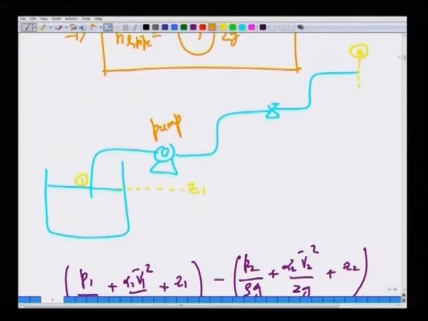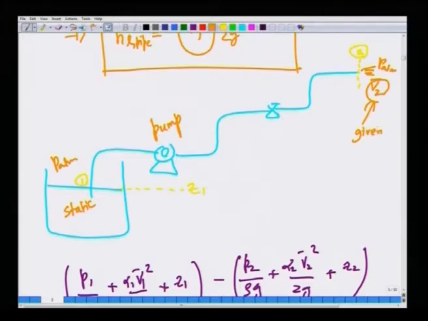solve. For example, we may want to ask the question, suppose I want, this is a static fluid, stationary fluid. Okay. So, there is no flow here, and this is atmospheric pressure, and fluid is exiting to atmospheric pressure at point 2. Then the question you may ask is, suppose I want the fluid to come out with a specific velocity V2, this is given to us.